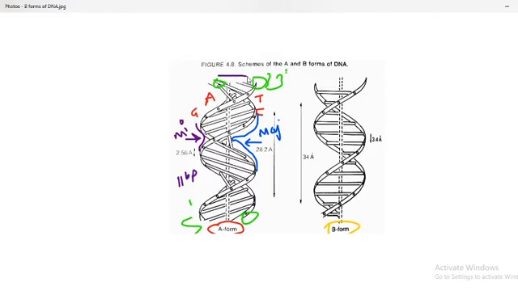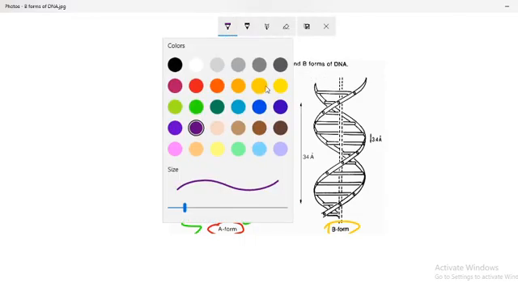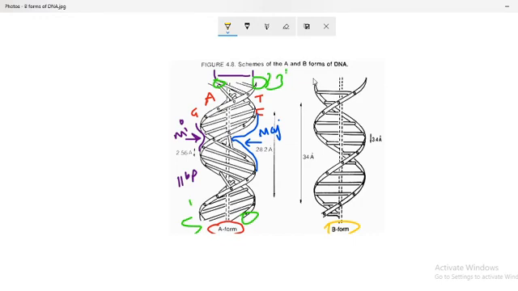As we see, the diameter is also much larger as compared to B form of DNA. A form DNA has a much larger diameter as compared to B form of DNA.